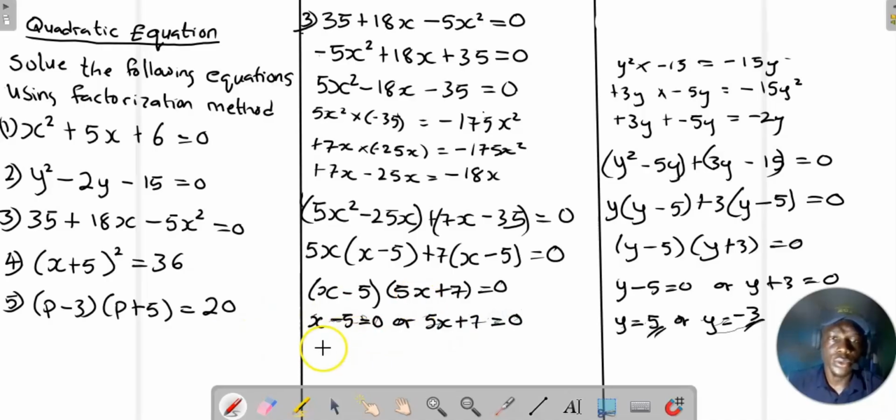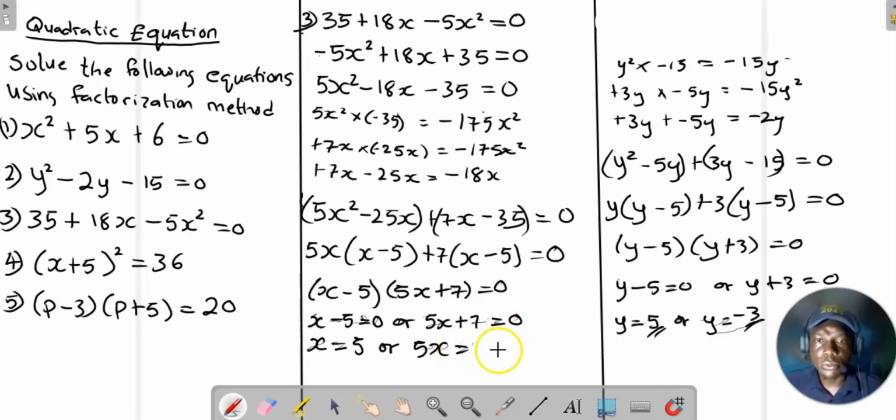Now when you cross minus 5, it becomes plus 5. So your x is equal to 5 here, or your 5x is equal to plus 7, crossing over becomes minus 7. Then you have to divide both sides by the coefficient of x so that x can stand alone.